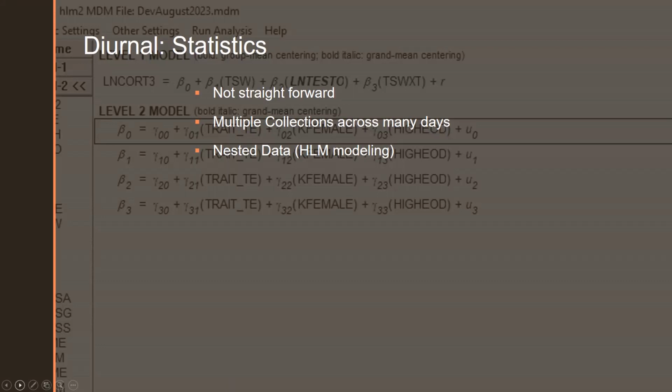You can use area under the curve. You can use averages. But if you're using averages, do you really need the diurnal data, or do you just need one or two or three or four waking levels? Again, you want to make sure that you're not doing too much, depending on your research question.